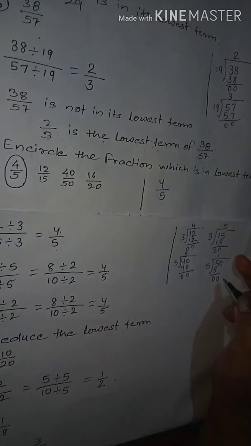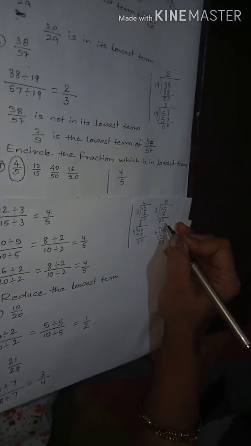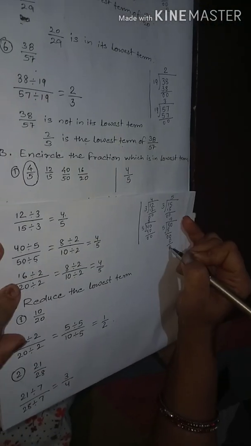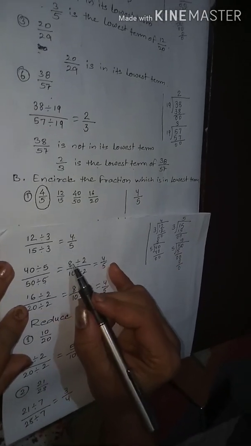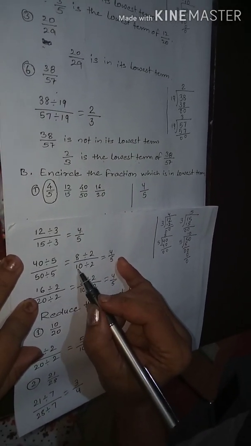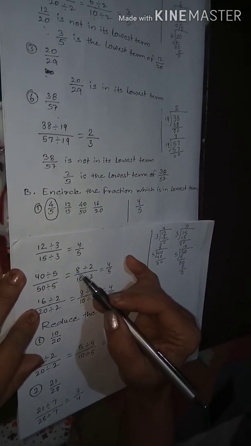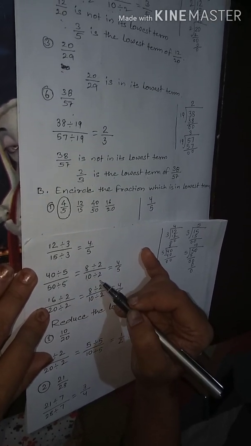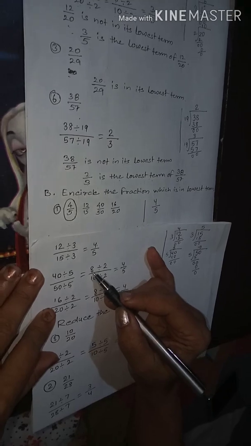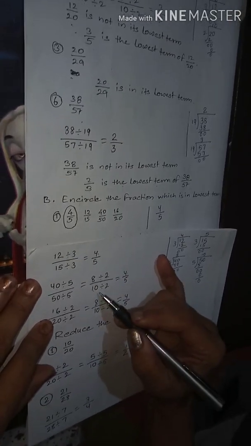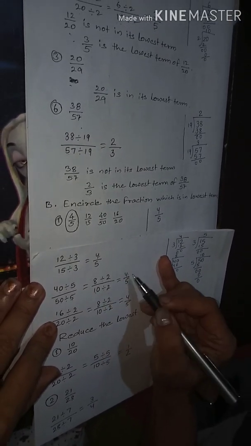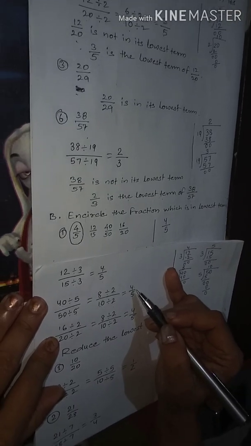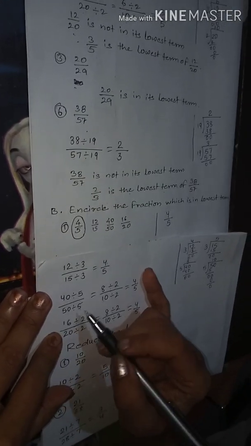Again 0 will come here. 5 zeros are 0. So 50 divided by 5 is 10. So we get 8 by 10. This 8 by 10 we can reduce further. 8 and 10 are divisible by 2. So we will divide by 2. 8 divided by 2 is 4, and 10 divided by 2 is 5. So 4 by 5 is the lowest term of 40 by 50.